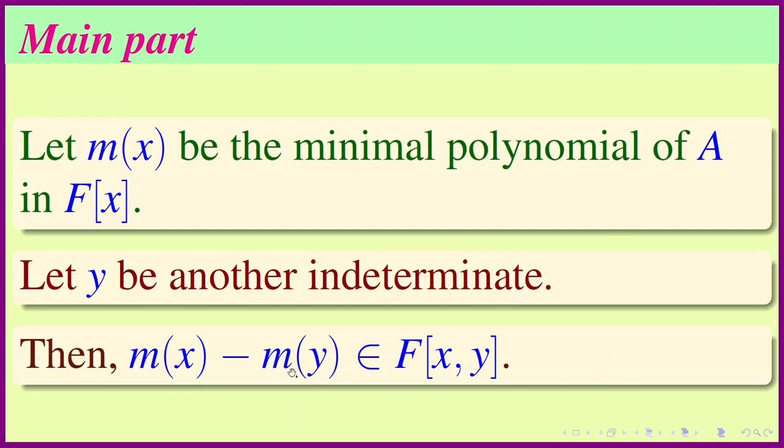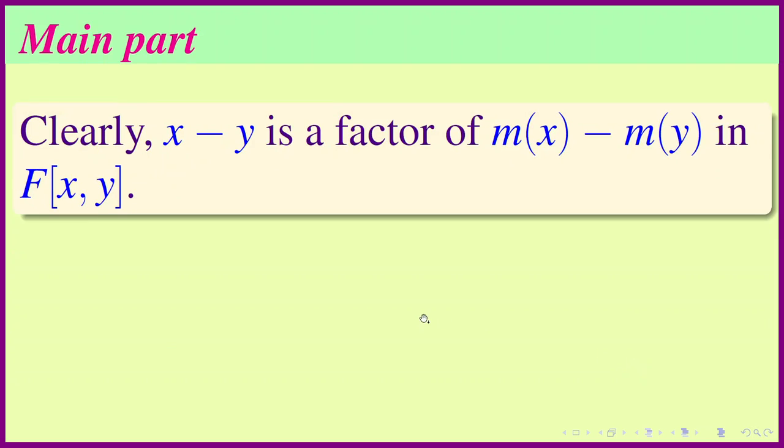If x is equal to y, this will be the zero polynomial. Clearly, x minus y is a factor of M(x) minus M(y) in F[x,y].